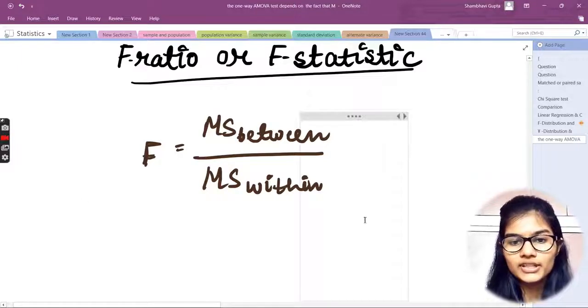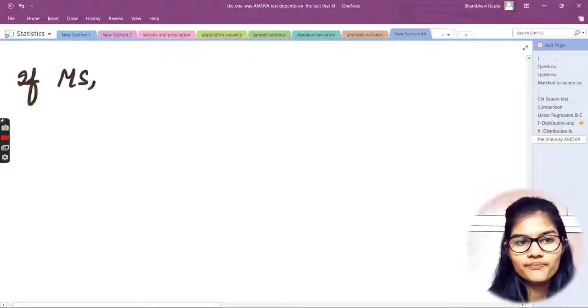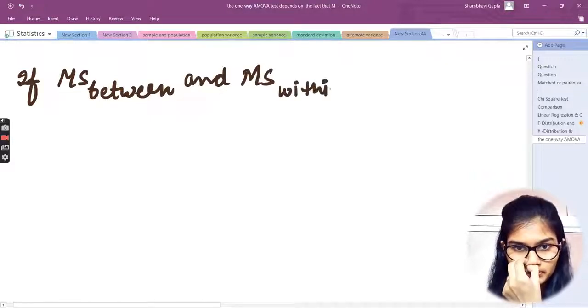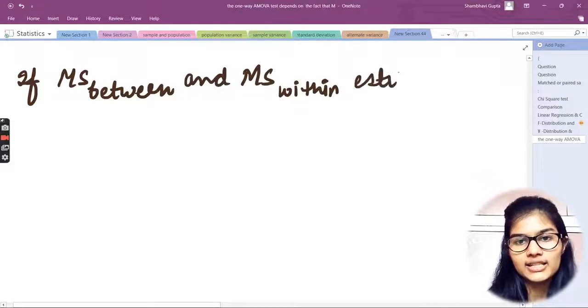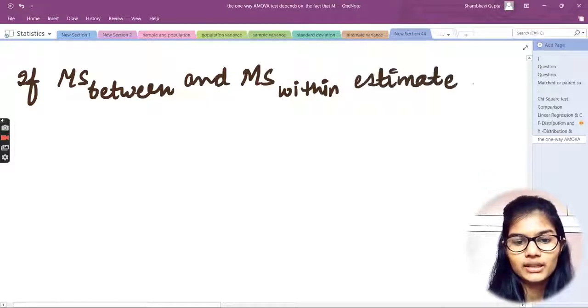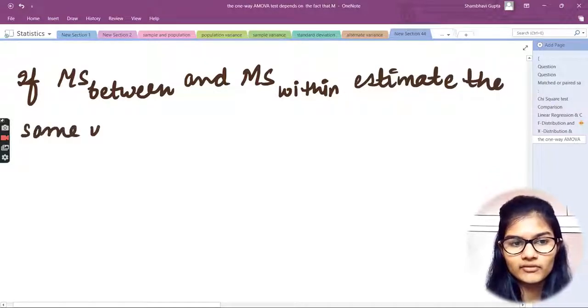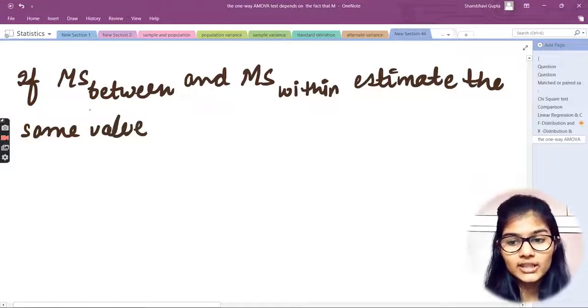Now I will get some space for writing. So here we go: if MS between and MS within estimate the same value, when can both of these estimate the same value?